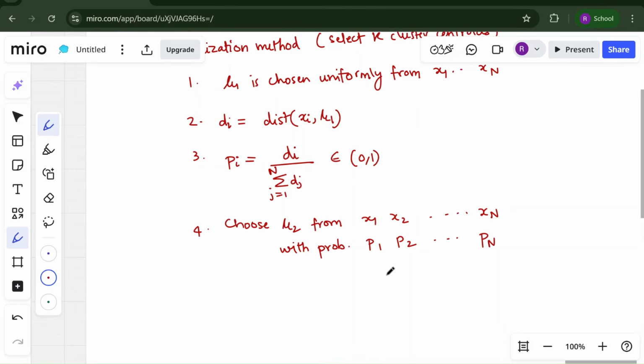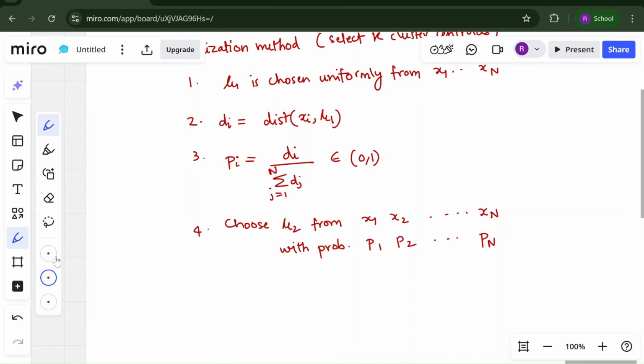Okay, now observe that, let's say x2 is chosen as the first centroid, mu1, then p2 will be 0, right? Because it is di by summation of di, and di will be 0, right? Okay, what do you do next? Next you just repeat 2, 3, 4, right, until all mu i's are chosen.